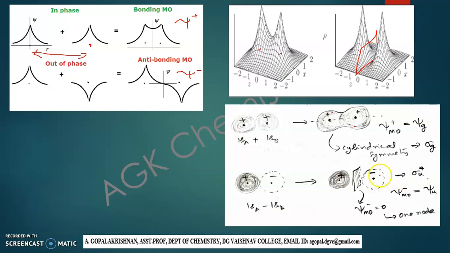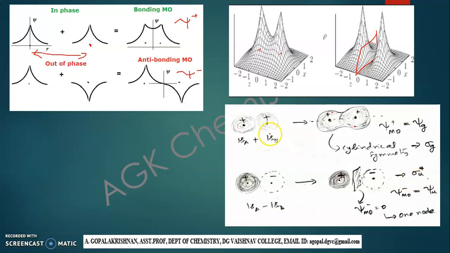Here also, along the internuclear axis, we have cylindrical symmetry, so it is also represented as sigma, and it is called the sigma u orbital. Since it has higher energy, it is called anti-bonding, so I will put a star here: sigma star u, the anti-bonding molecular orbital. Are you clear? So this is the ground state bonding molecular orbital, and this is the anti-bonding molecular orbital.